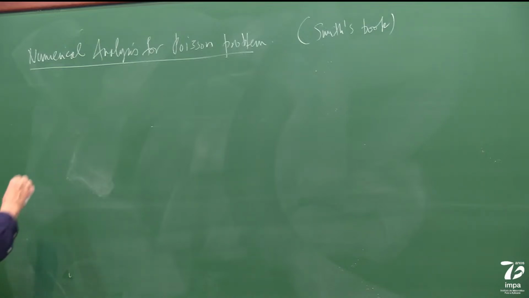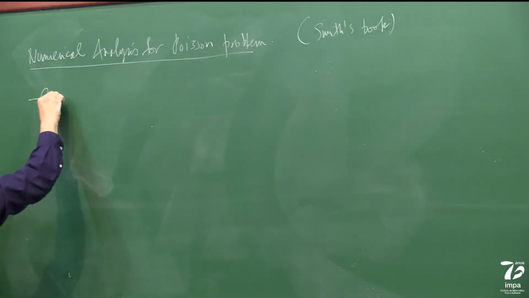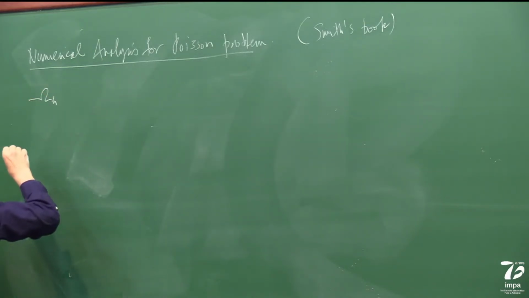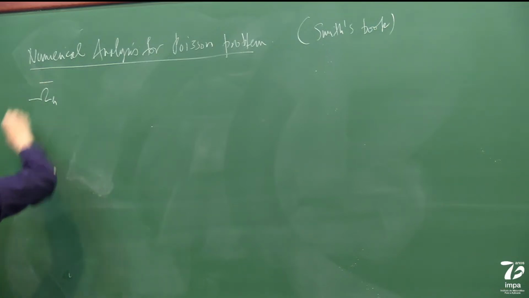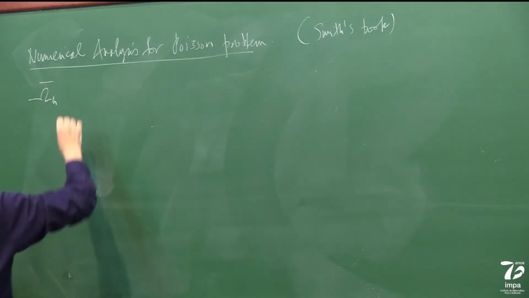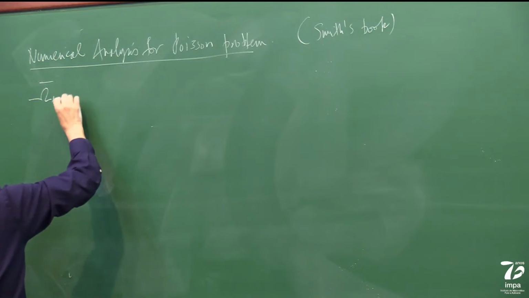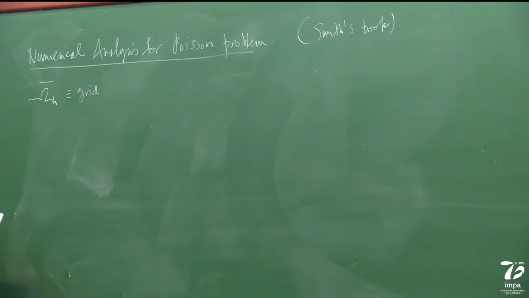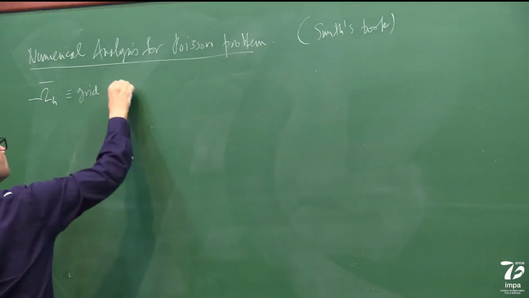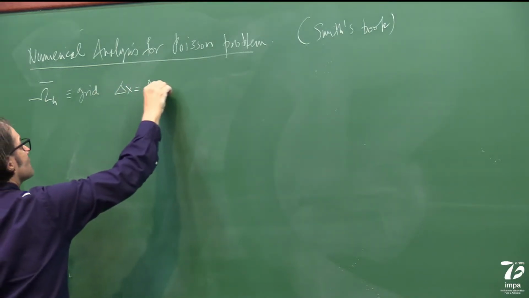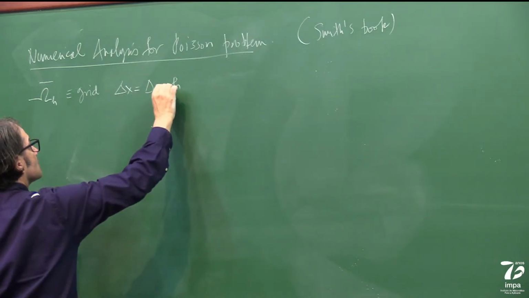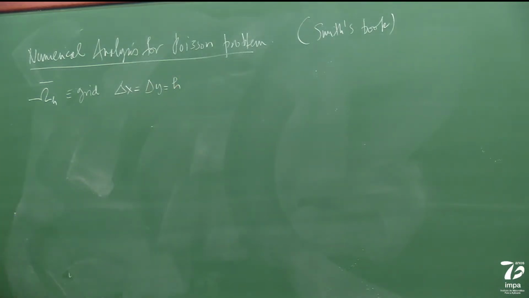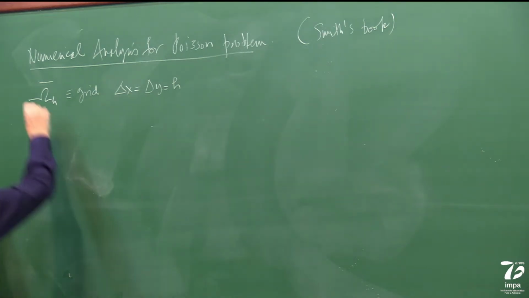So let me summarize what Smith's saying. So he's using this, which is basically our grid. This domain is our discrete domain grid. And let's think of this, let's do analysis for this simpler case where we have a uniform grid. This is up to the boundary. Okay, that's why the bar.